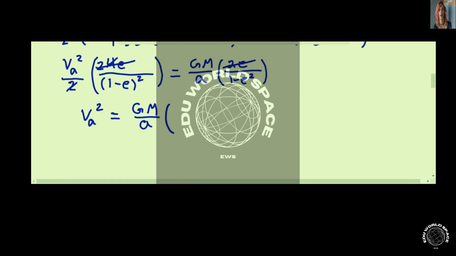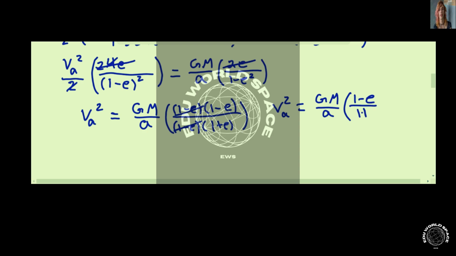I'm going to multiply over to the right and expand. It's 1 minus E times 1 minus E. And the denominator, 1 minus E squared, is 1 minus E times 1 plus E. So my 1 minus E's cancel, and I'm left with what I was trying to find: VA squared equals GM over A times the group 1 minus E over 1 plus E.